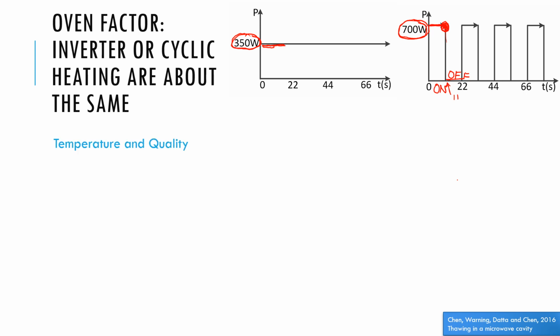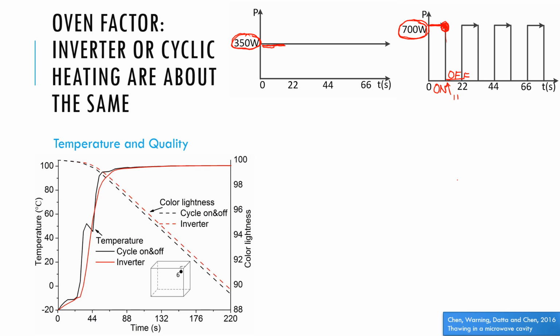So we do a comprehensive simulation of the electromagnetics of a microwave oven heating that involves solving the equations for microwaves, the Maxwell's equations in the oven and in the cavity in the food. And the food is a cube as shown here, and the cube is a meat analog that has properties of beef, and we start from the frozen state.